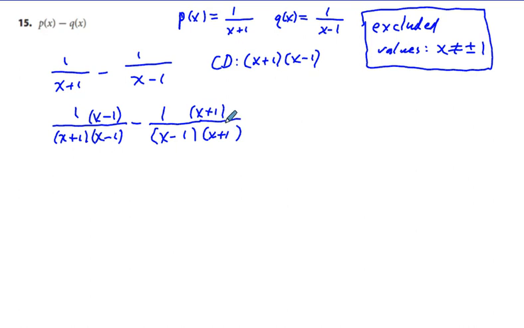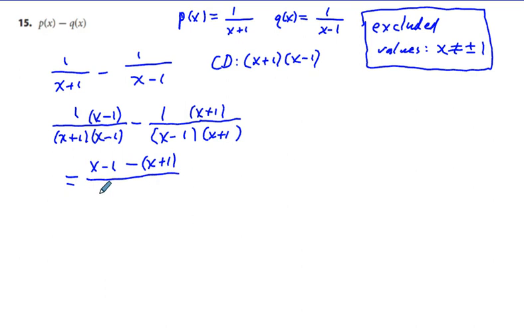So what we have distributing here and working below, we have 1 times x minus 1, that's going to be x minus 1. And we have minus 1 times x plus 1, minus x plus 1. I keep this in parentheses.